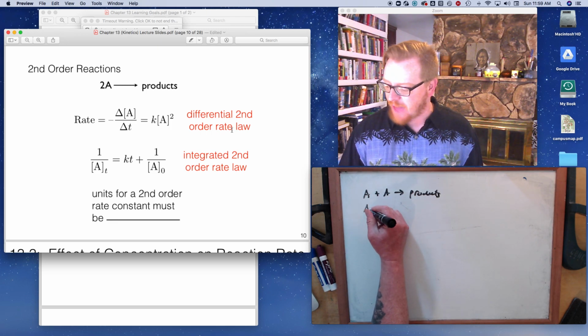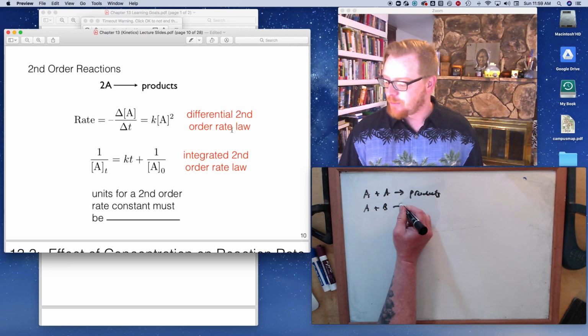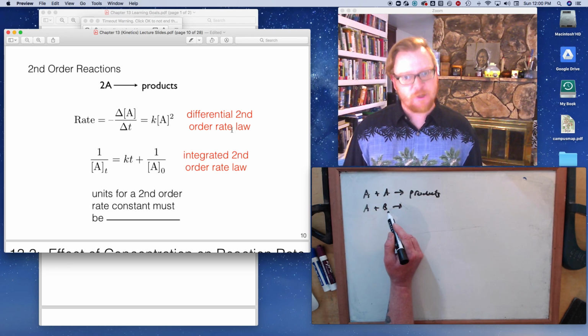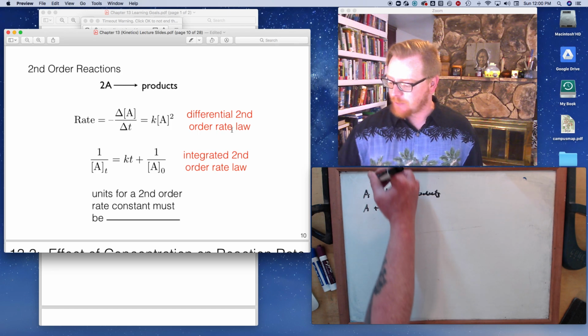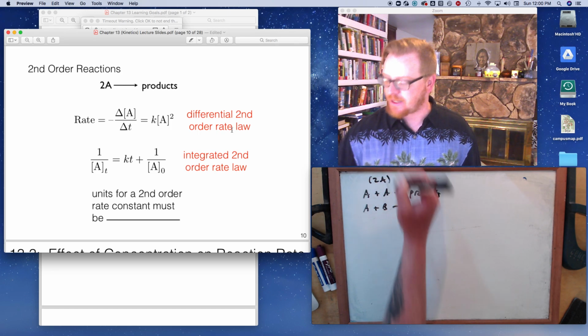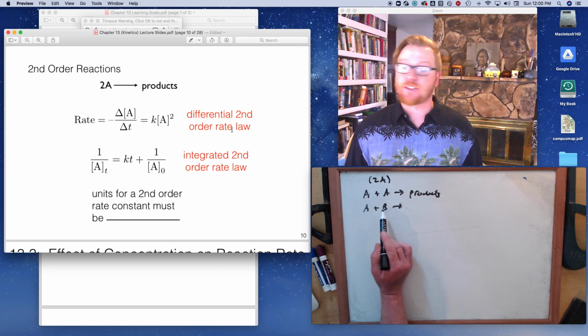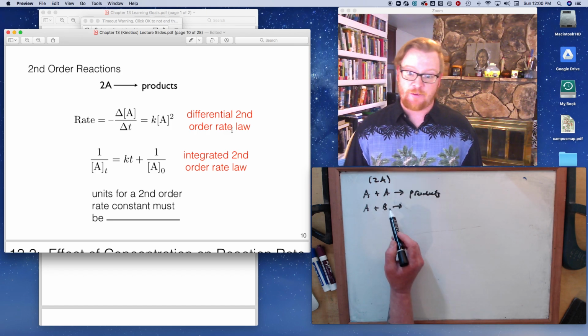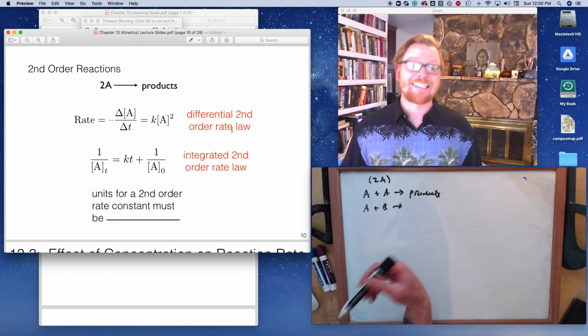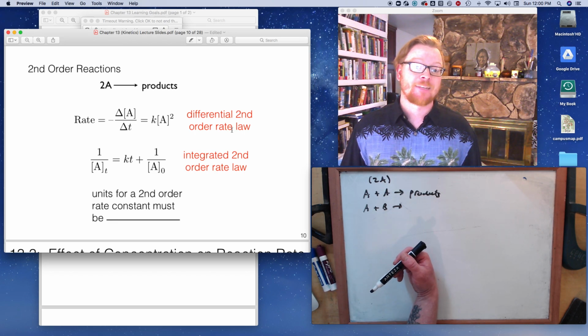I could also have that as A plus B, first order in A, first order in B. So we know that that's the same as saying 2A. So we're just going to do this example of A plus A, but we know that this could also be A plus B, and if it's first order in this and first order in this, that would still give me a second order reaction.